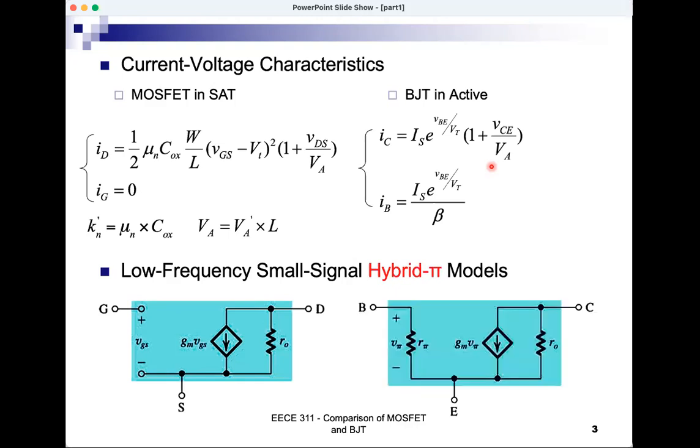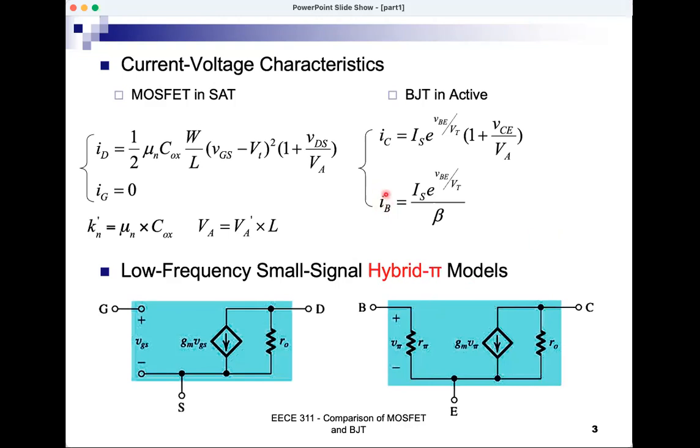For the BJT, the hybrid pi model, including the small ro, would look like this. So similar to the MOSFET, with the exception that in the case of the BJT, I have a resistor here between the base and the emitter, while in the case of the MOSFET, there is an open circuit. So this resistor in the case of the BJT is not infinite, it's finite, it's called r pi, and it models the fact that there is base current in the BJT, all right?